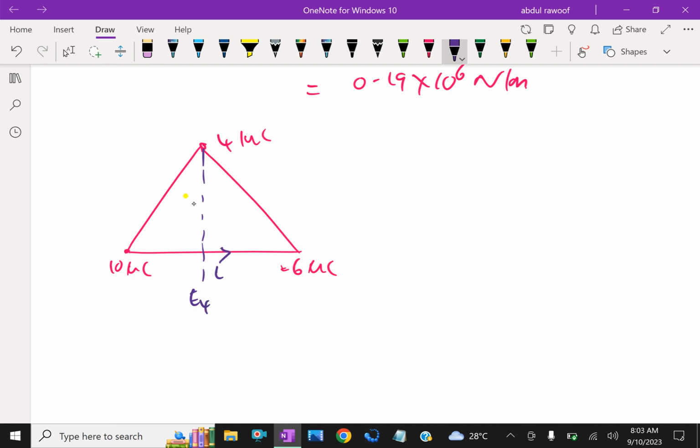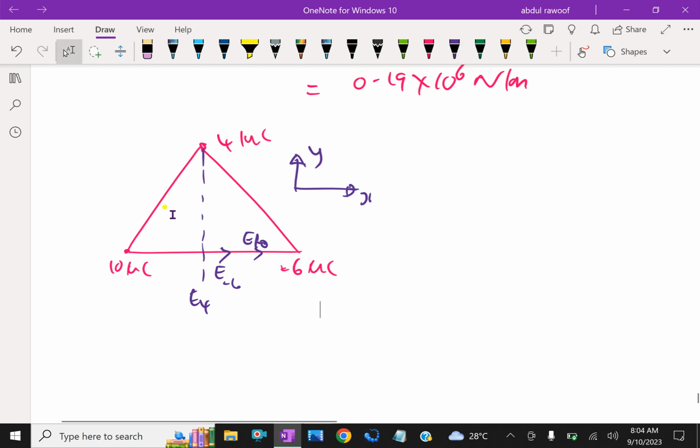This is E of minus 6 and E of 10. So this is the y direction, this is the x direction.